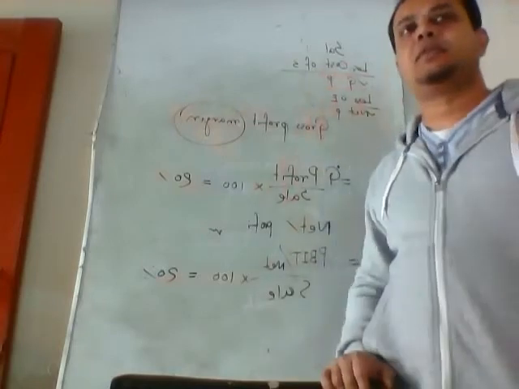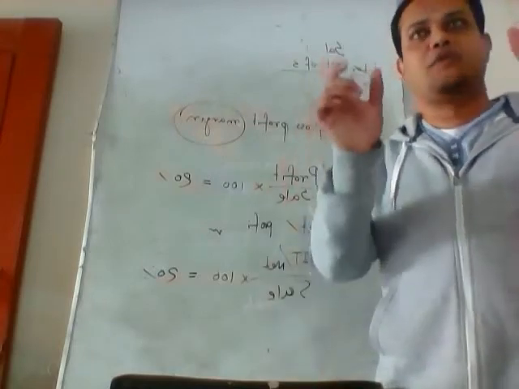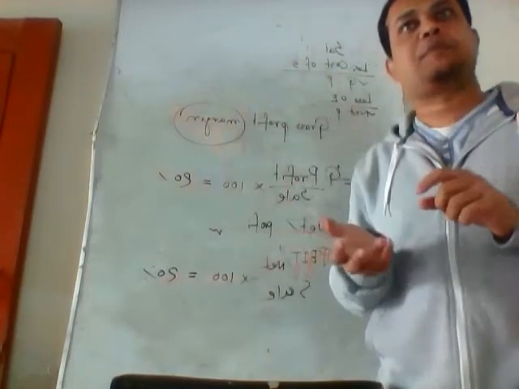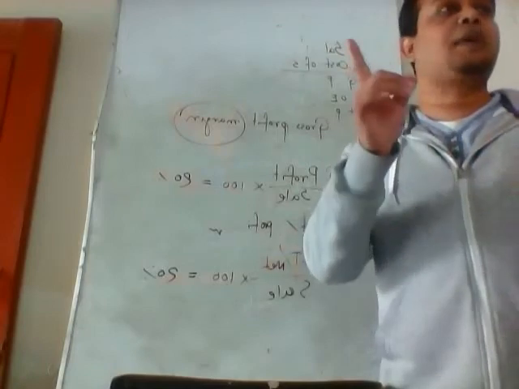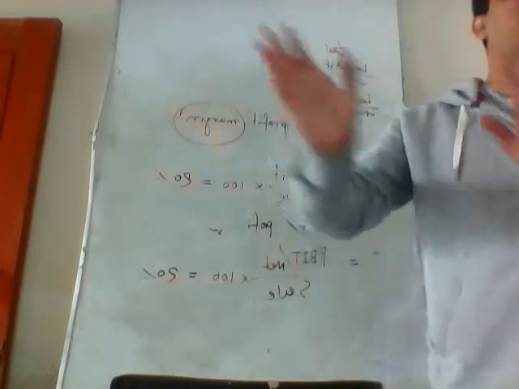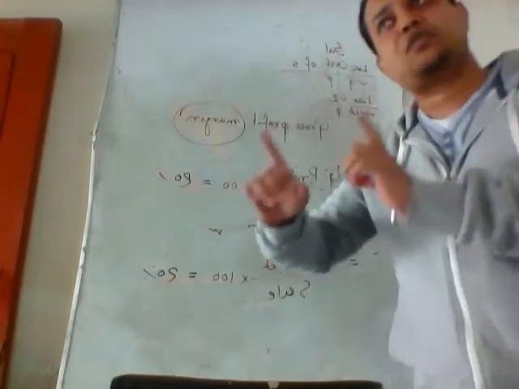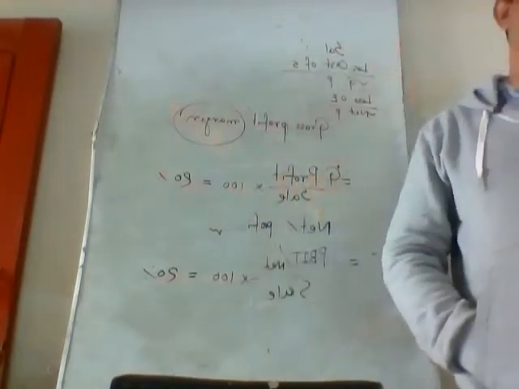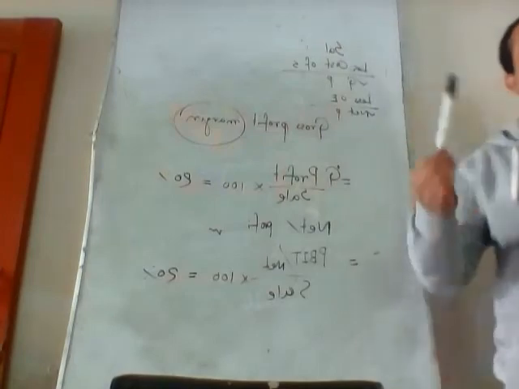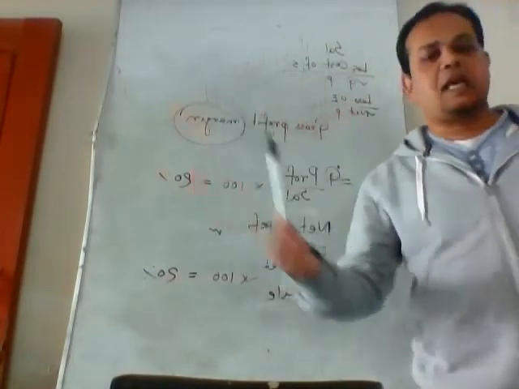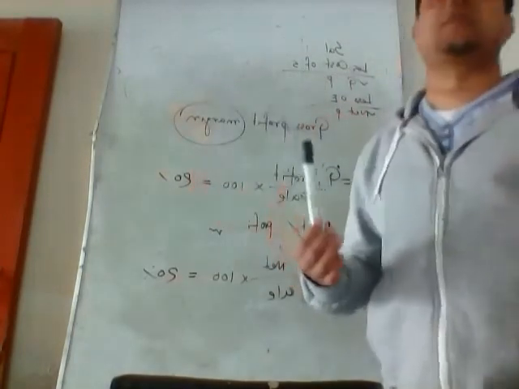Why? If you want to compare two different companies according to their gross profit percentage, first of all, both the companies should be the same kind of company under the same kind of industry. Suppose you are comparing two companies' gross profit. One company is a pen manufacturer and another company is a laptop manufacturer.